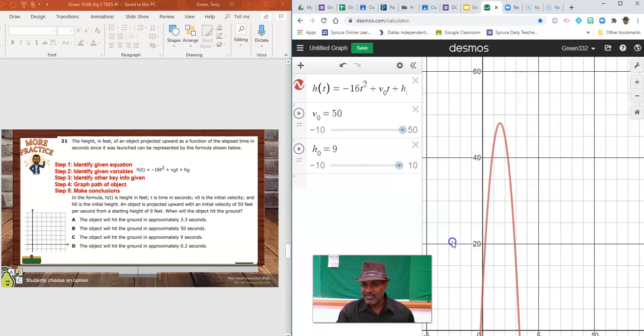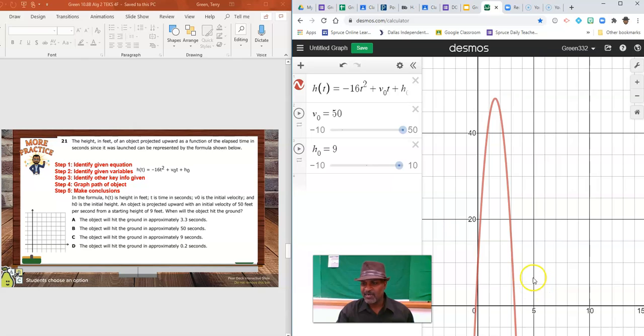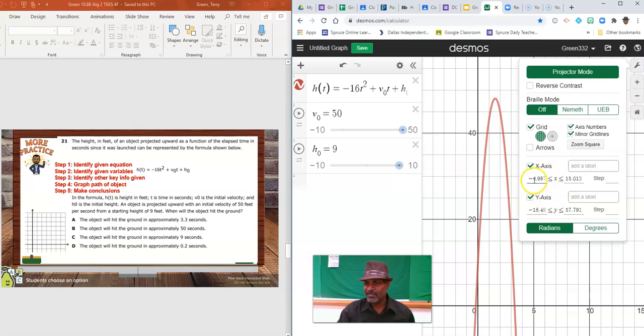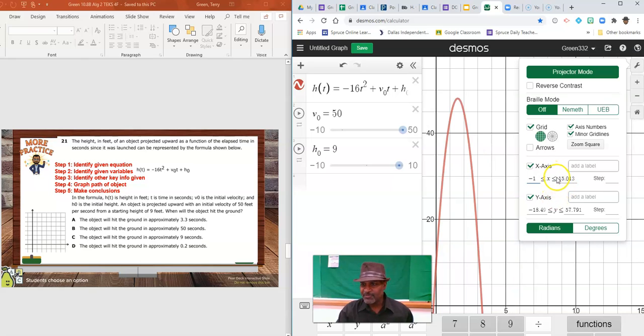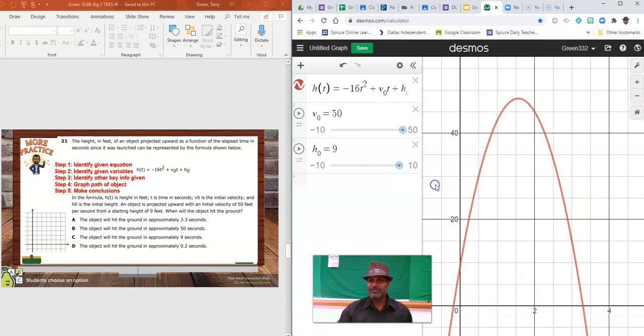I don't need all this extra space at the bottom. So I'm just going to take my x from -1 to 5. See, I'm just building my window around the graph, so that way I get a nice picture. See how I use that?